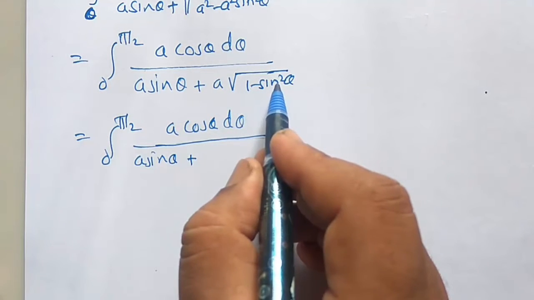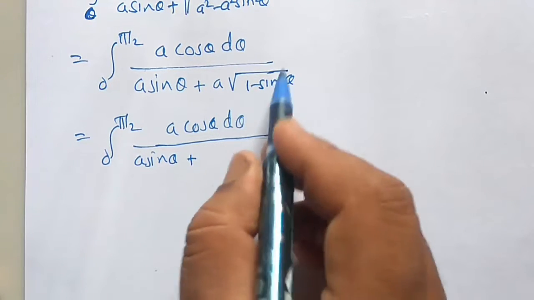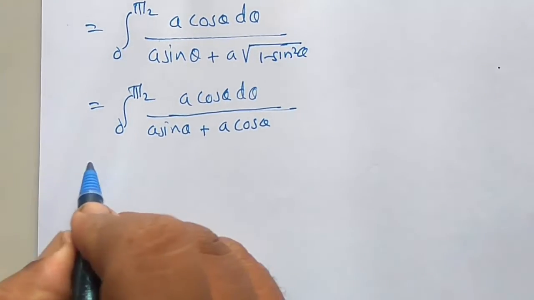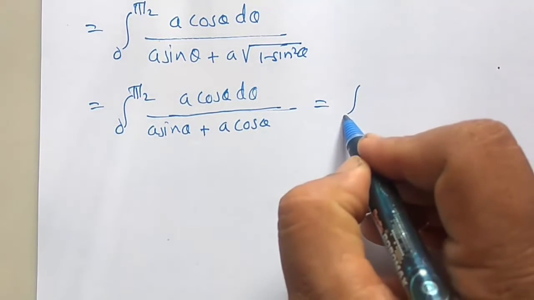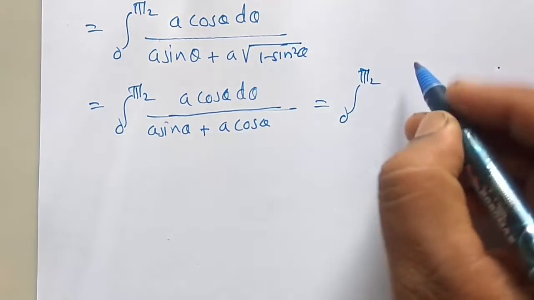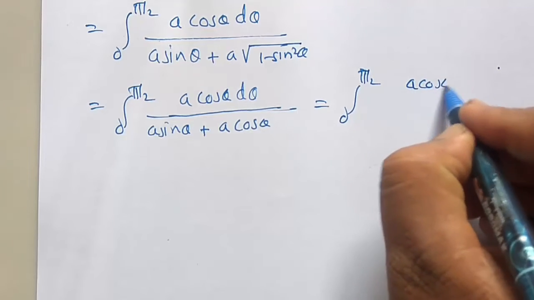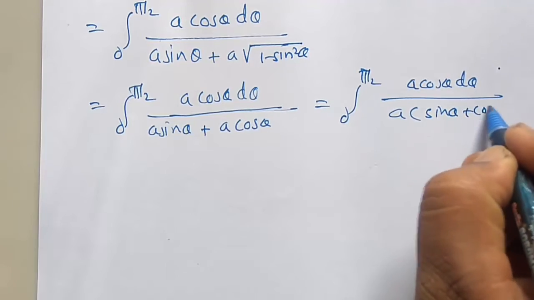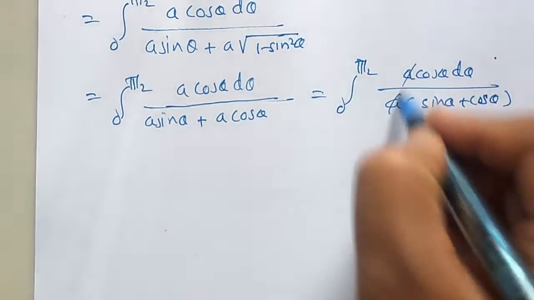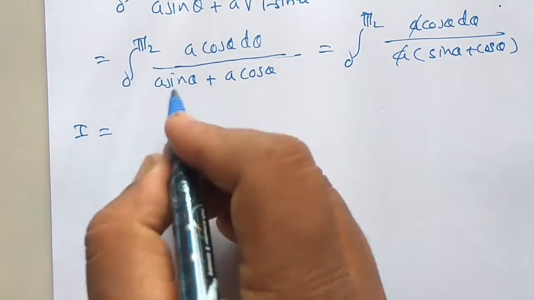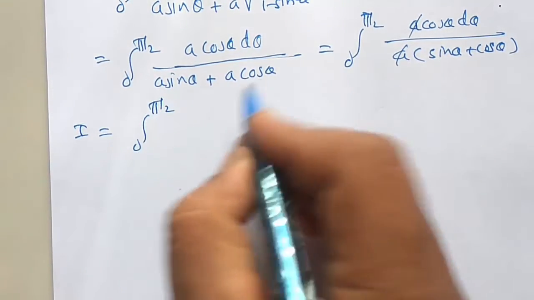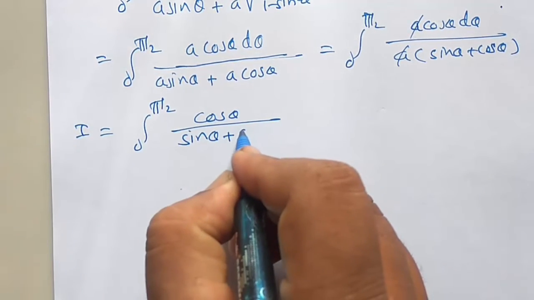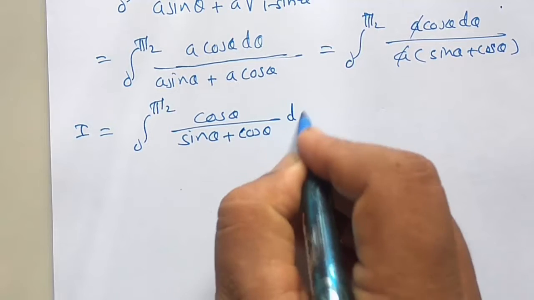Here under root of 1 minus sin square is cos square, under root of cos square is cos theta, so a cos theta. We can take a common in the denominator, a cos theta d theta upon a into sin theta plus cos theta, a gets cancelled. Therefore, I is equal to integration 0 to pi by 2 cos theta upon sin theta plus cos theta d theta.